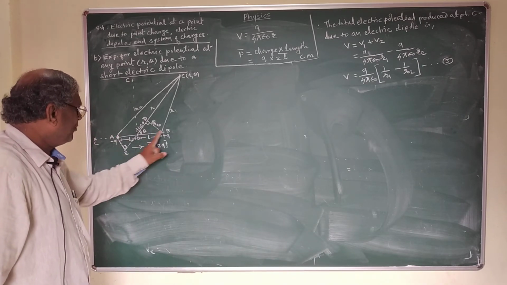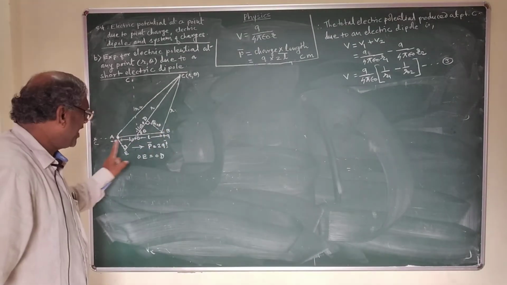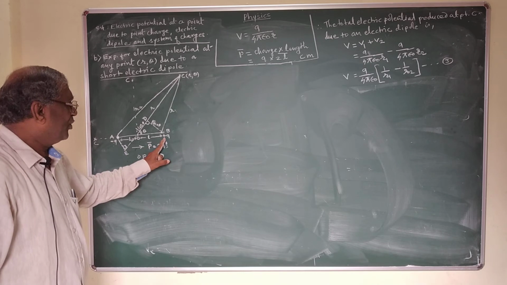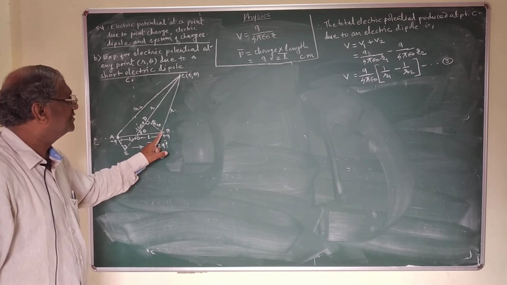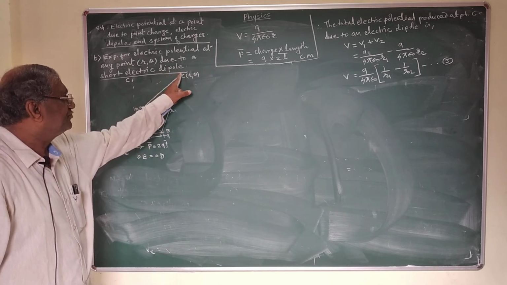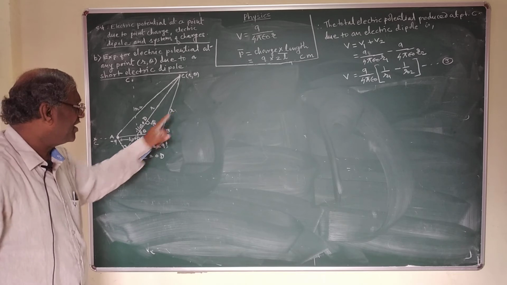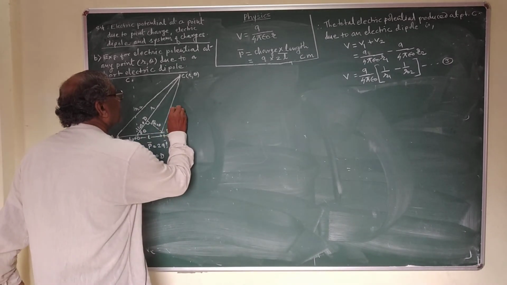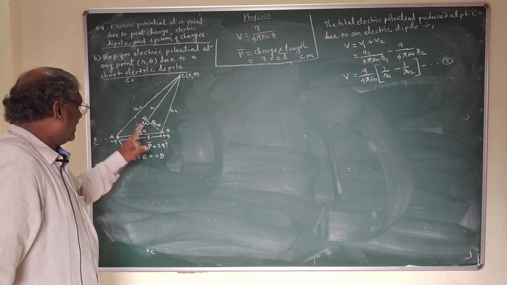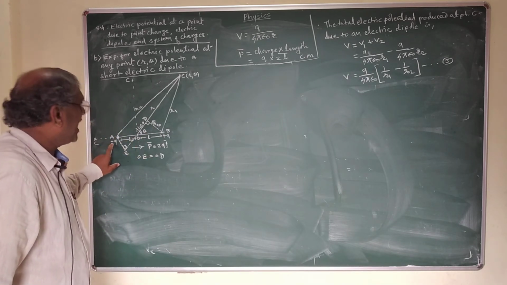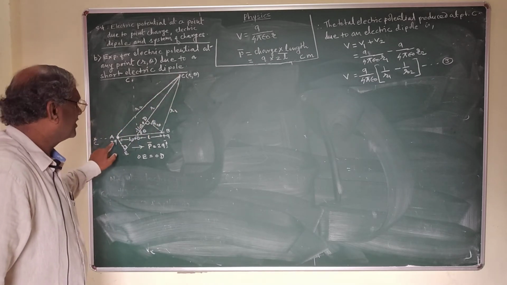Now, this electric dipole consists of two electric charges, minus Q and plus Q. With respect to plus Q charge at point B, the point C is situated at distance R1 from point B, and with respect to minus Q charge, point C is situated at distance R2.